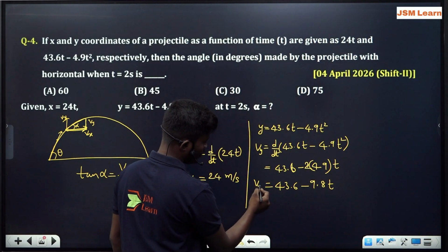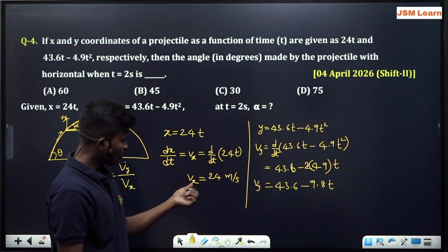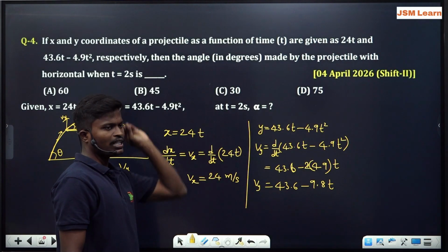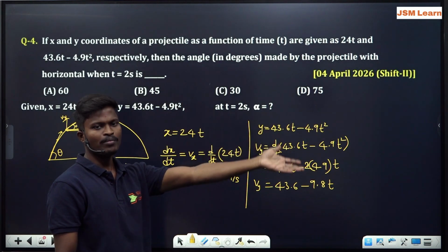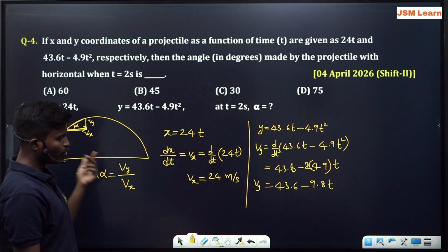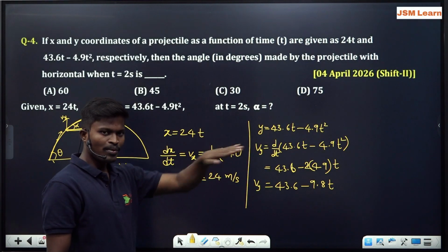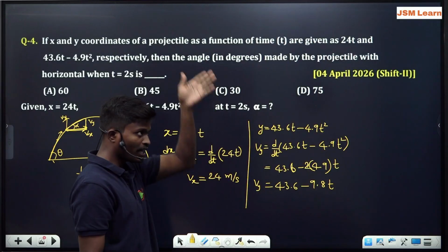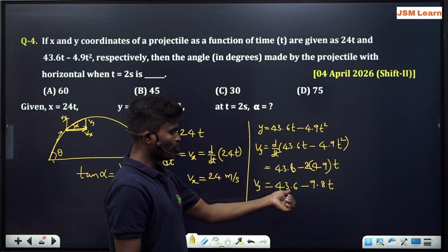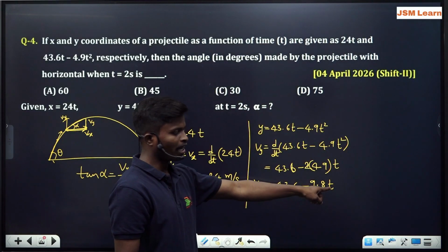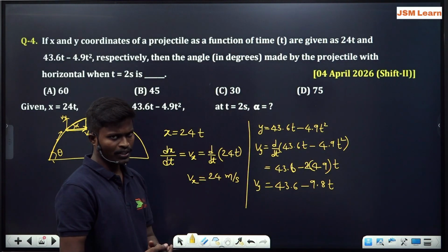If you observe the velocities, the Vx value is independent of time. Whenever the projectile is projected, the horizontal velocity remains constant. Initially it is having some velocity 24 meter per second, and the same velocity remains in the x direction. But if you look at the y directional velocity, 43.6 minus 9.8 into t, if you substitute the time value here, you get different values.